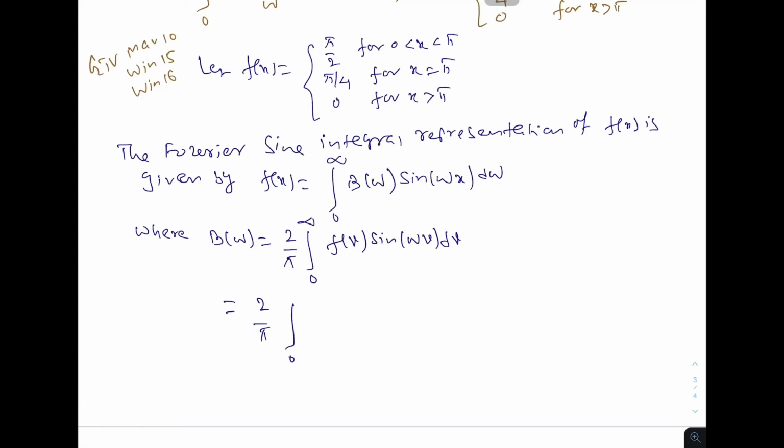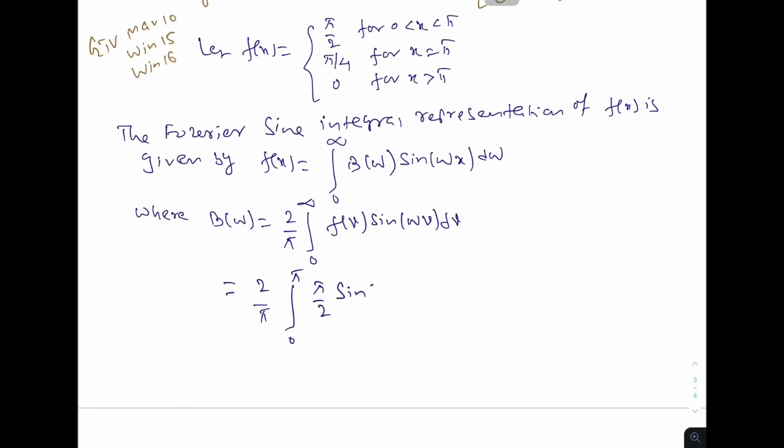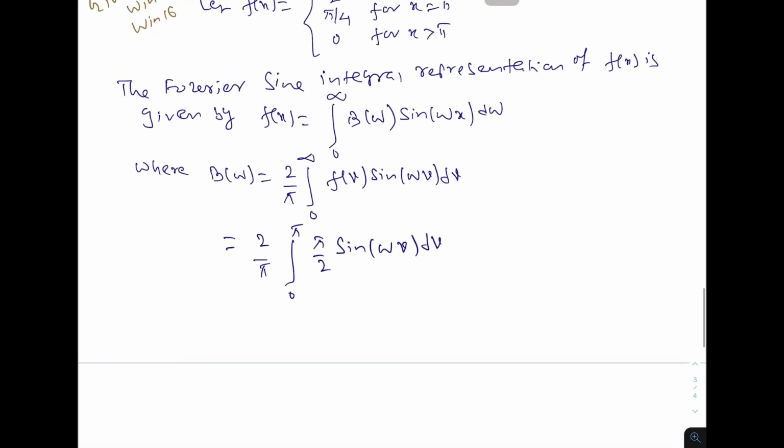So this 0 to infinity becomes 0 to pi, and the value of f(v) is pi by 2, sin omega v dv. Now it is easy to integrate. So this cancels. Integration of sine is minus cosine omega v over omega, the derivative of omega v with respect to v, and the limit is from 0 to pi, the limit of v.